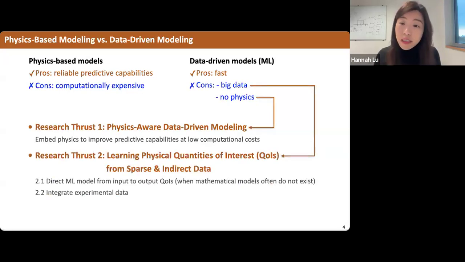And the second part is about how to learn physical quantities of interest from sparse and indirect data. It is true that today we have more data than ever, but when it comes to many complex engineering problems and geoscience problems, we know the data are often sparse, both in time and space.